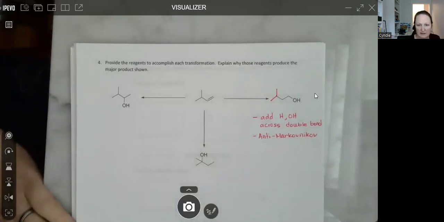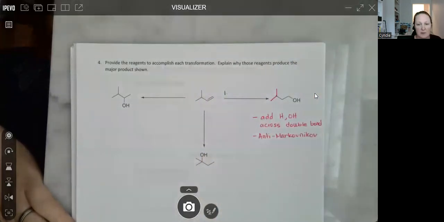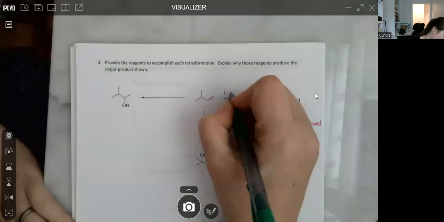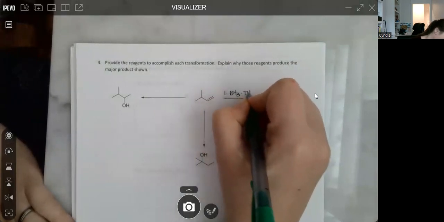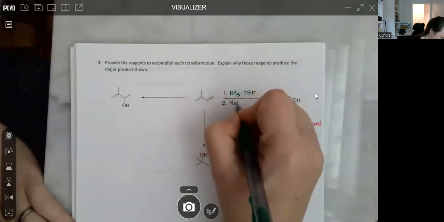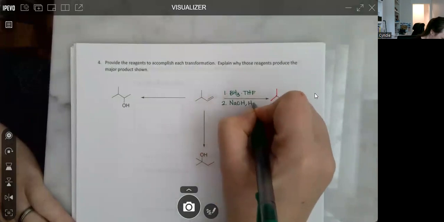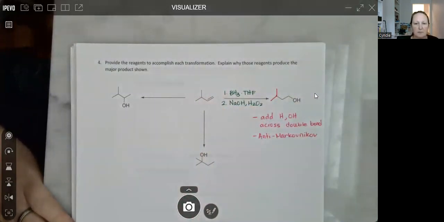So the conditions to do that are the hydroboration oxidation. So we want to remember those reagents. So we want to do BH3 THF followed by sodium hydroxide and hydrogen peroxide, and those can be written in either order.